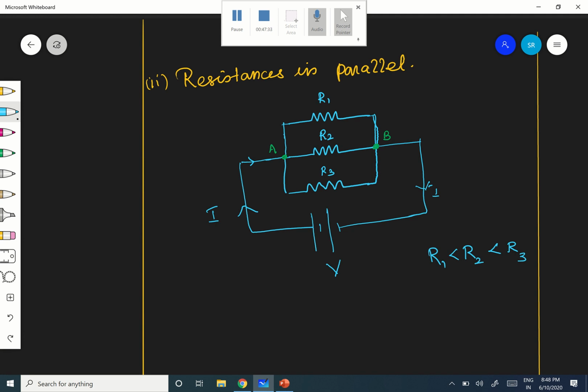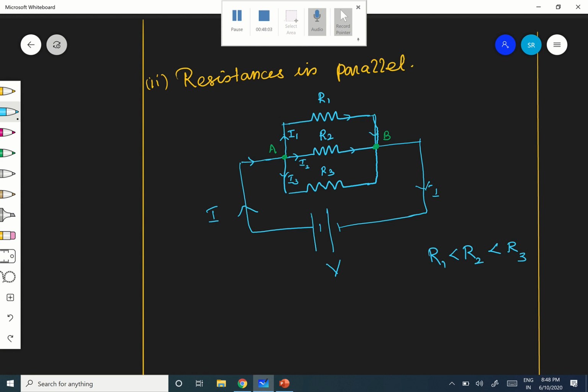Now it has a choice. But in the case of a series combination, there is no choice. The full current will go through all the resistors. But here, up to A, I is coming, and after that it is branching, depending upon the resistance. More the resistance, less will be the current and vice versa. Here it is I1, here I2 and here I3.